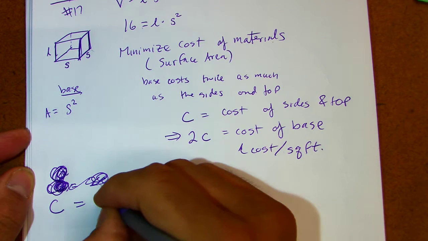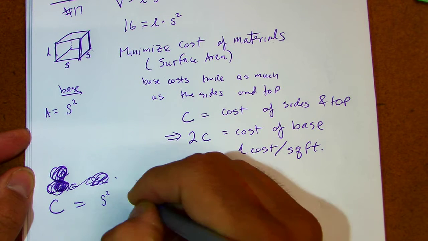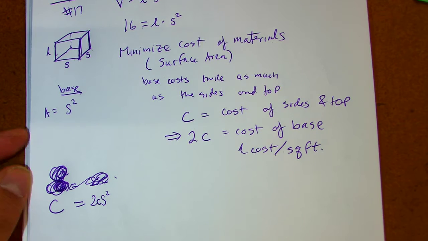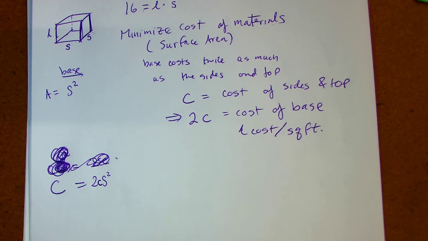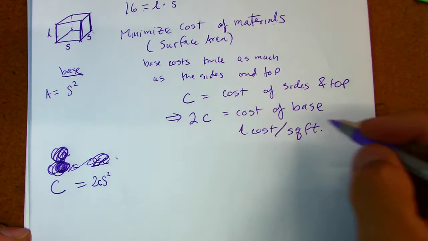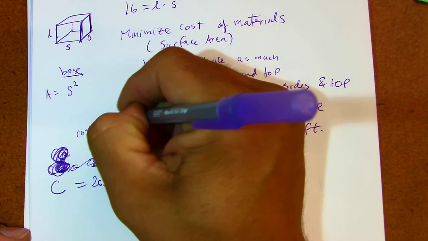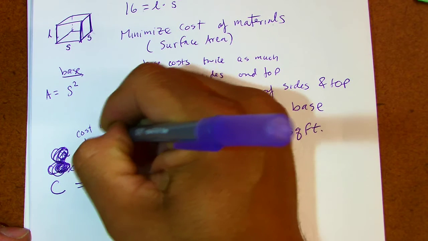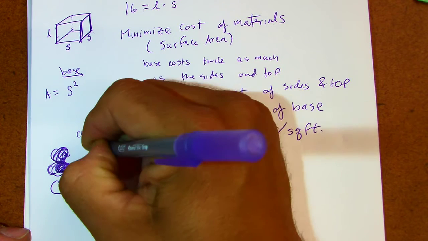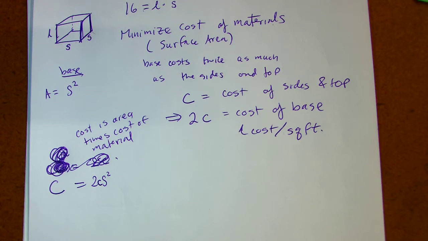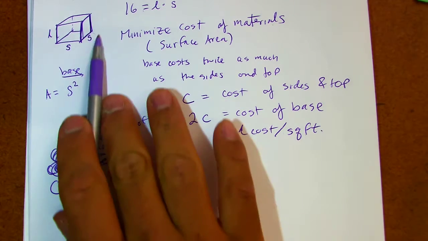The cost for the base would be the area times the cost of the material. Okay, so here we have area times cost of material. Okay, so this is just for the base here.